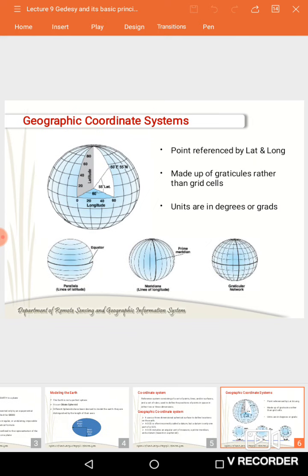This geographical coordinate system is referenced by latitude and longitude points, which are made up of graticules, not grid cells, like in a geographical information system or database modeling system. And this has units like degrees or grades, for example 30-degree latitude or 40-degree longitude, likewise.